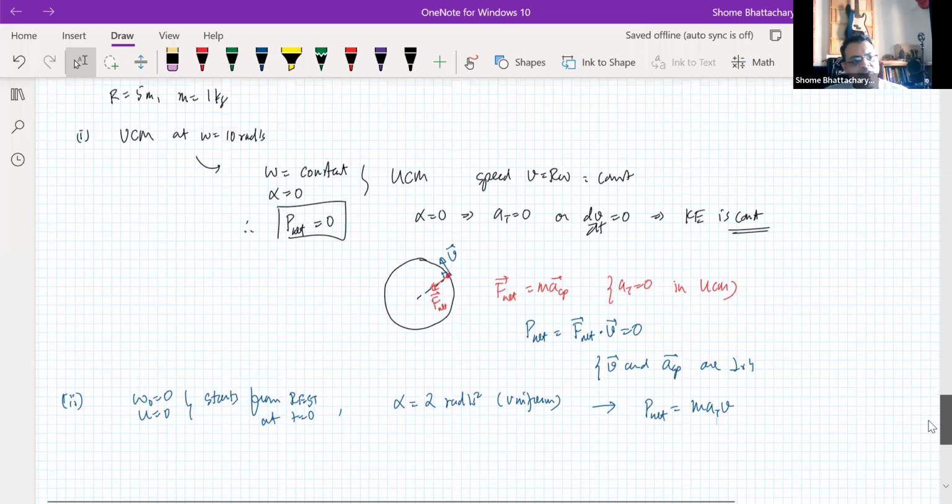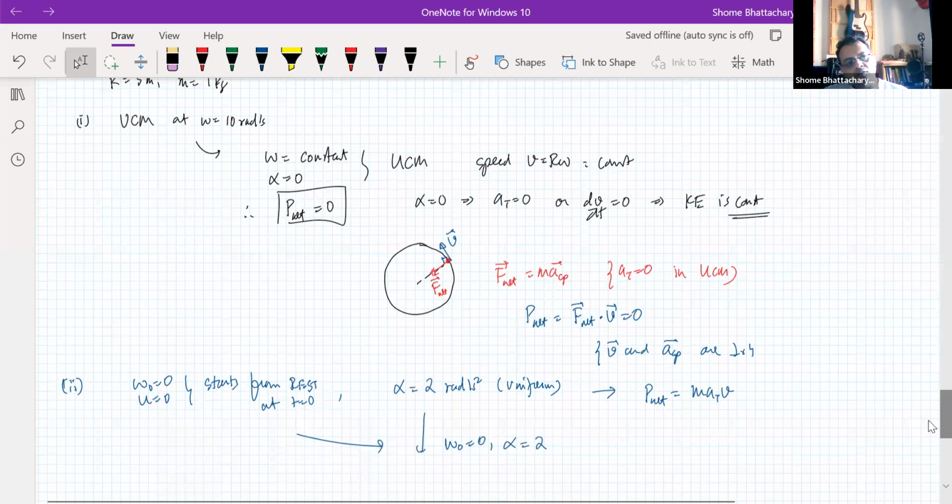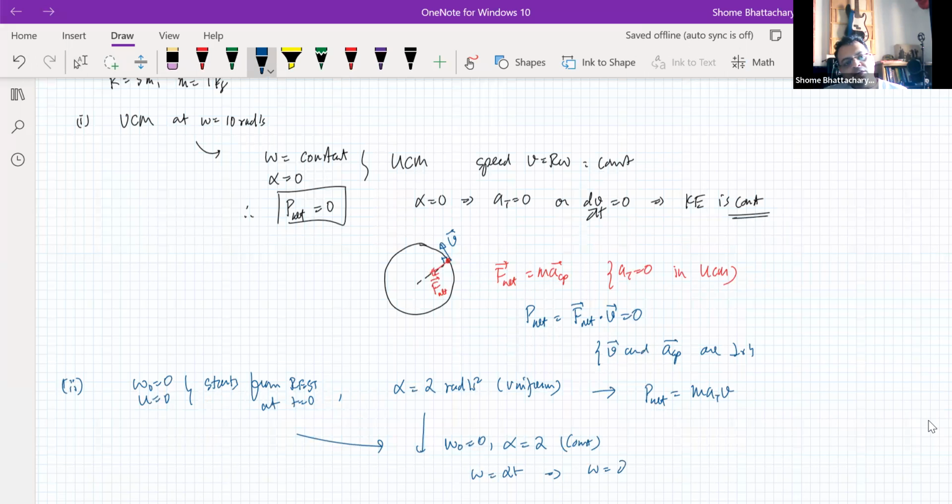So from this and this, we can see that omega naught is 0 and alpha is constant. So omega as a function of time will become alpha t, so omega is 2t. So v as a function of time becomes r omega, and r was 5 meters, so v is 10t in meters per second.